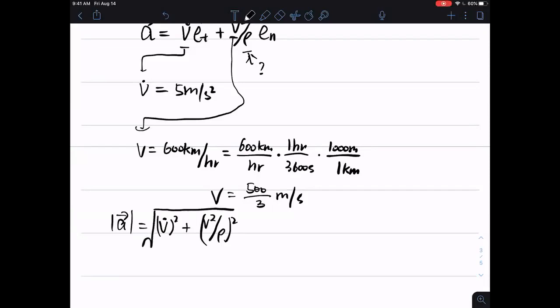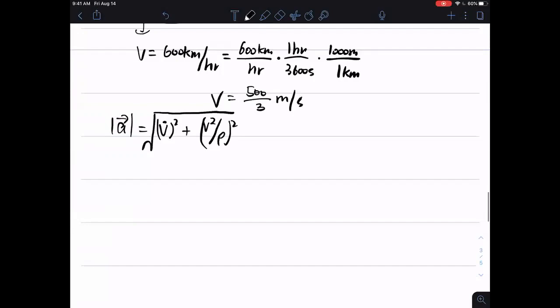This is how you should find magnitude of a vector. Square root of sum of the squares for each component. And we know in this problem the magnitude of this acceleration is given as 2.5 g.